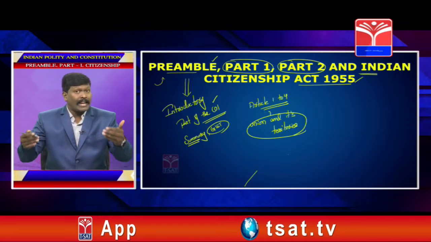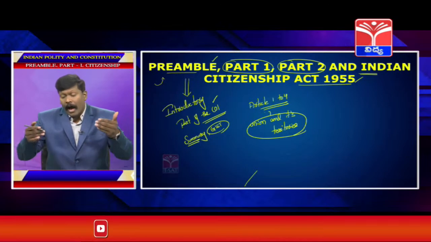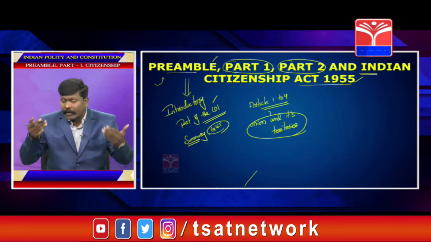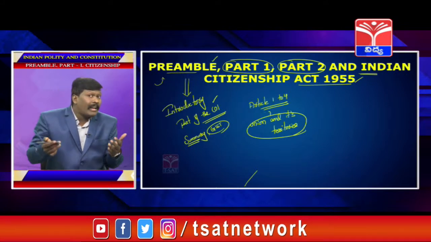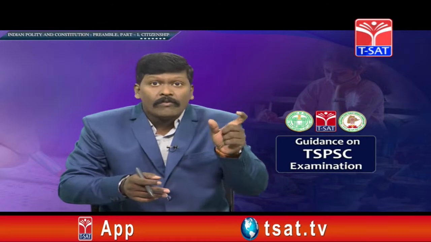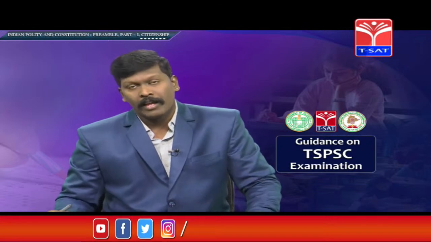According to Article 2, we can make any region which is not part of India a part of India. Or, for any state which is already part of the Indian Union, to reorganize it or to change the name of the state, we use the article called Article 3 of the Indian Constitution.